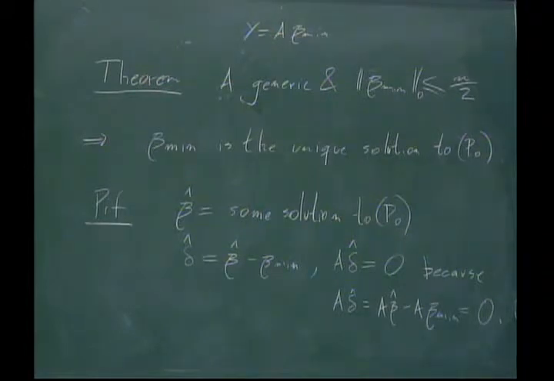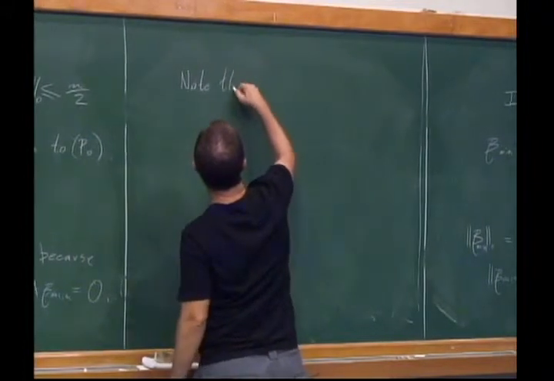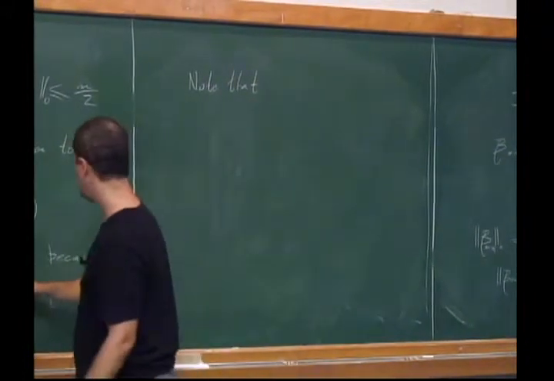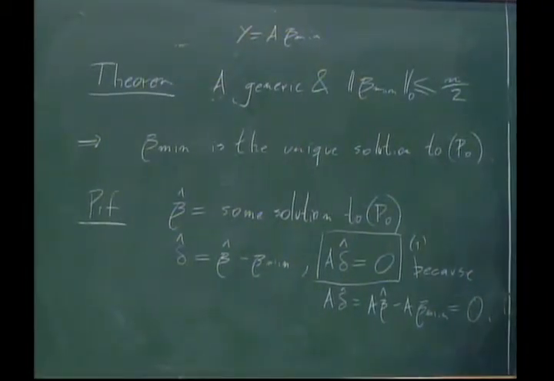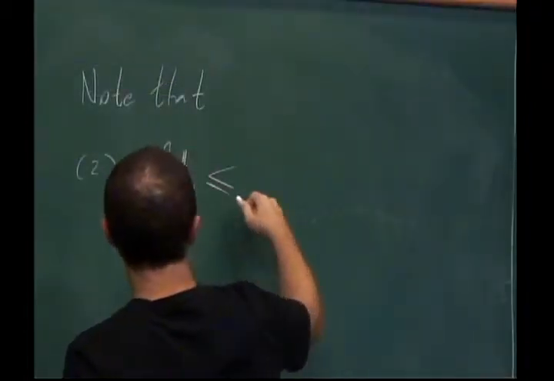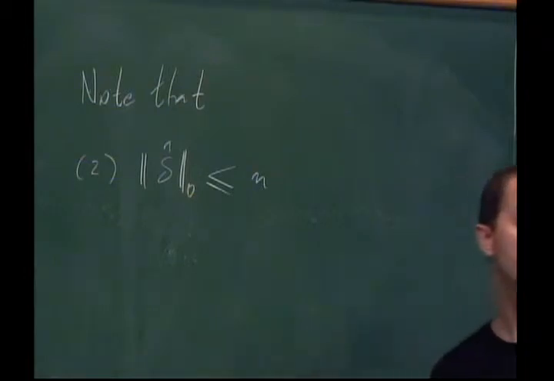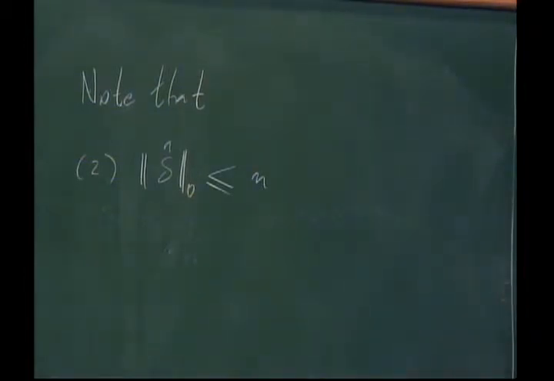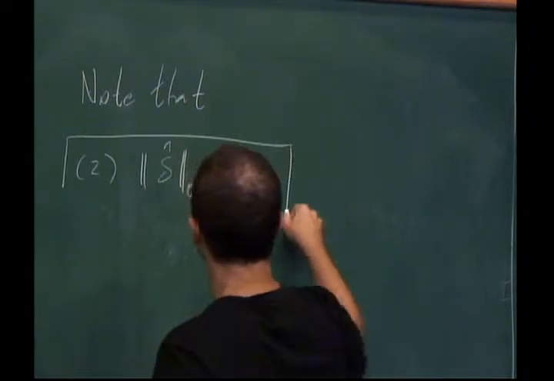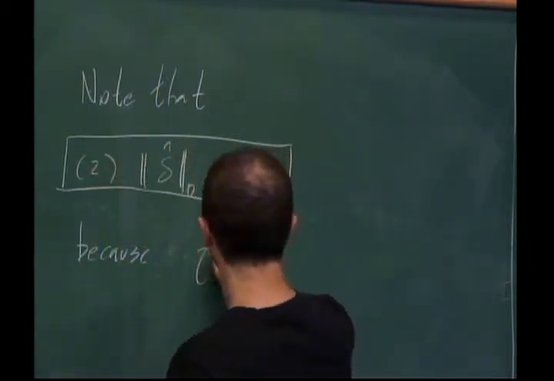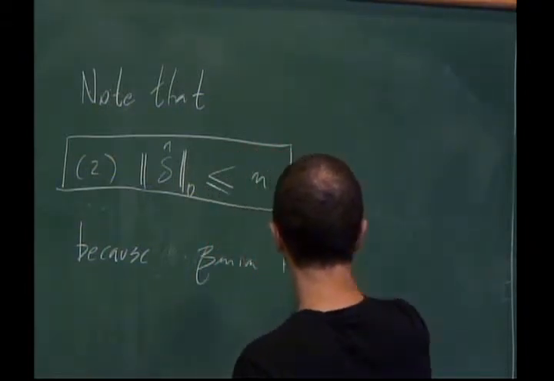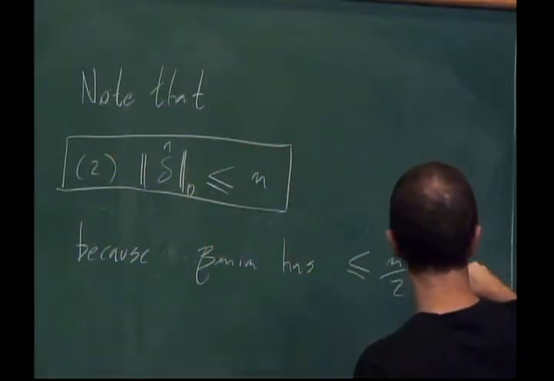So now I have this thing here. I'm just going to call this 1. Note that number 2, the number of non-zero coordinates of delta hat is n at most. And why is that? Because beta min has at most n over 2 non-zero coordinates.